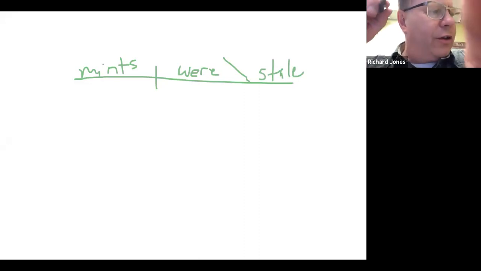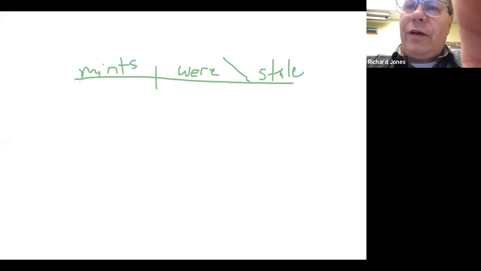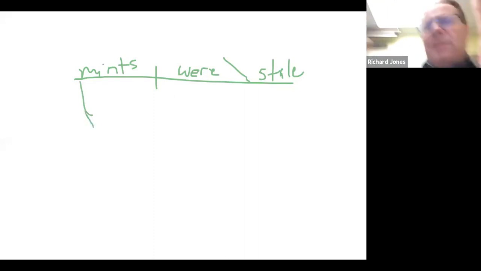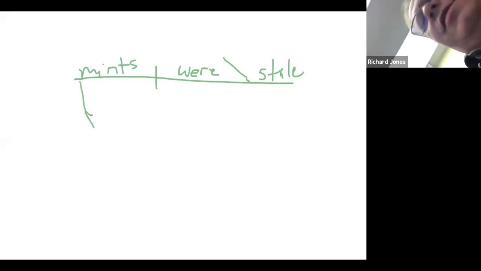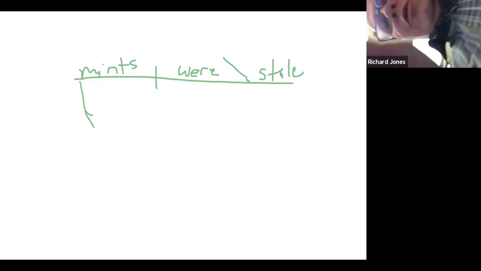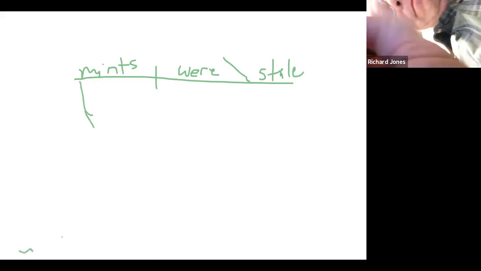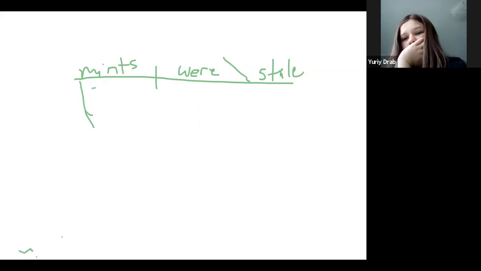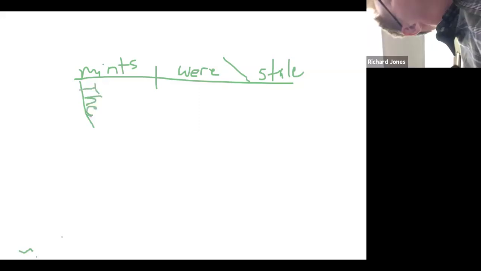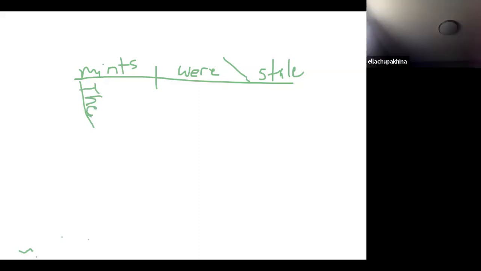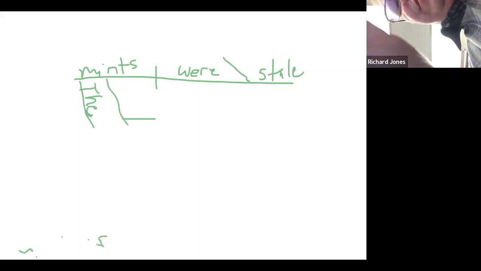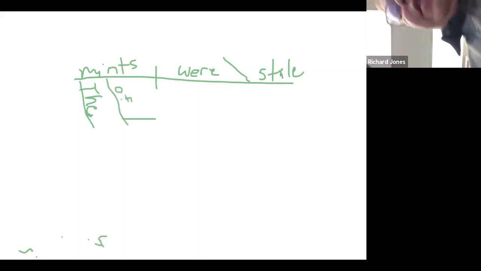On the second line you have the word the, which is capitalized because it's the beginning of the sentence. I'm going to turn this flat so I can write on it more easily. Then of is a prepositional phrase here, and then ants.